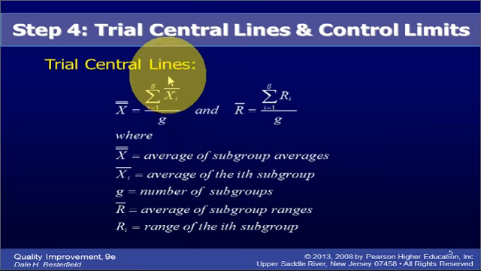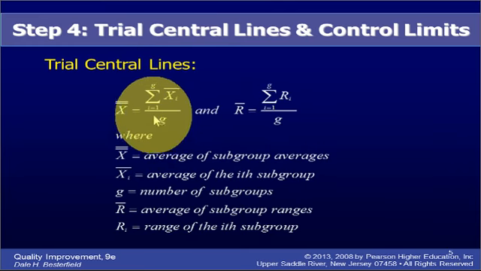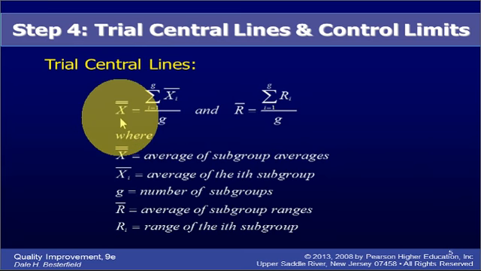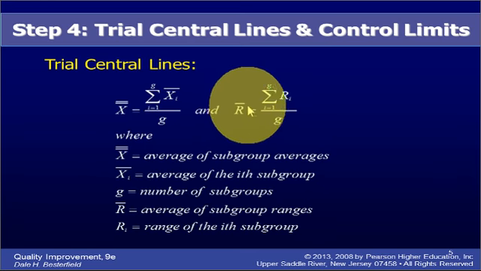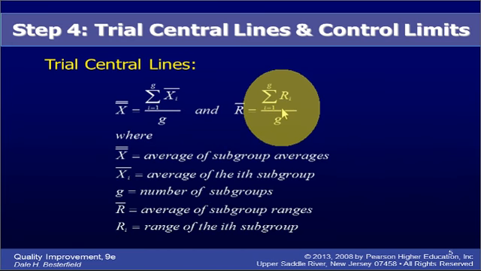You sum up all the averages from all subgroups and divide by the total number of subgroups. This gives you X double bar, the average of subgroup averages. And R bar stands for the average of subgroup ranges: you sum up all the ranges in different subgroups and divide by the total number of subgroups.